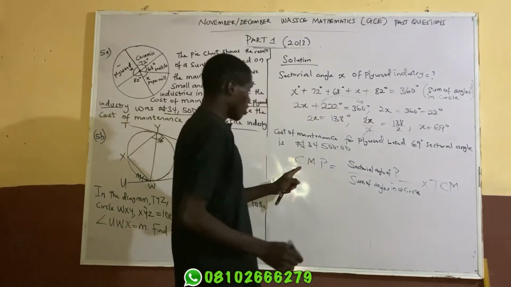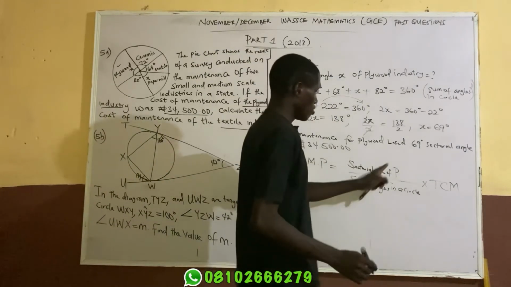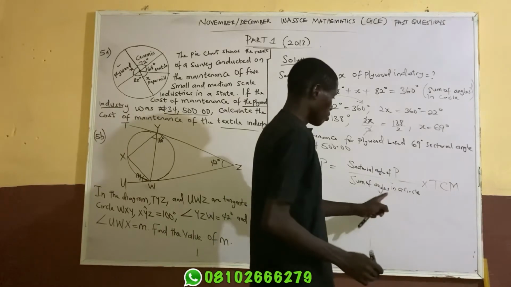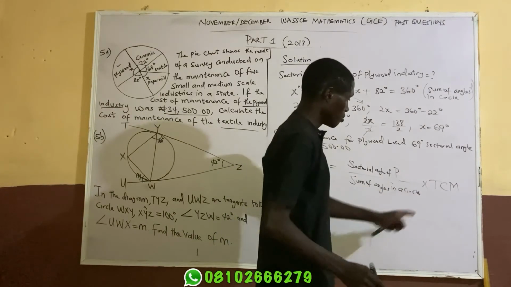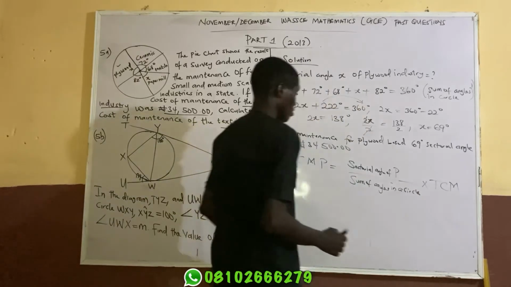Now the cost of maintenance for plywood is equal to the sectorial angle of plywood all over the sum of angles in a circle, times the total cost of maintenance.